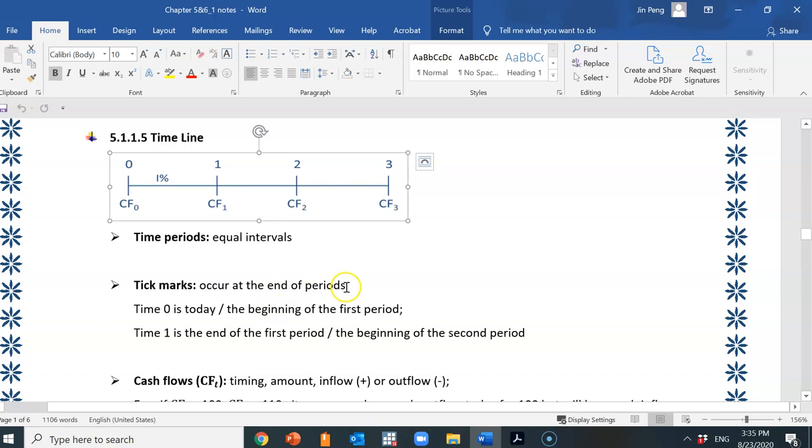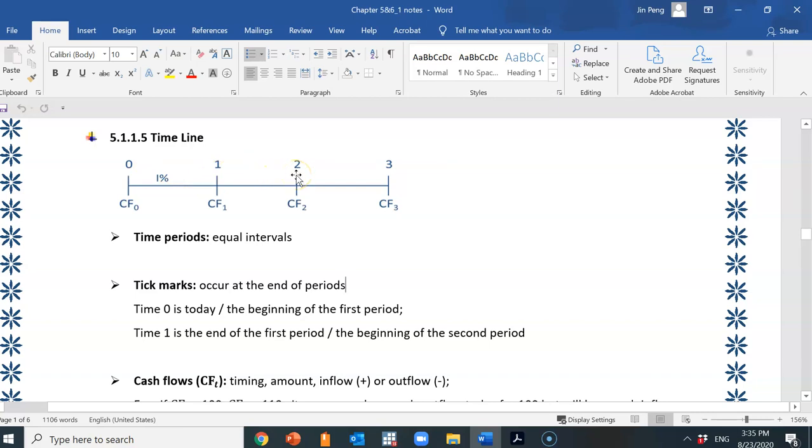We have tick marks that occur at the end of each period. We can see time 0, 1, 2, 3. Time 0 means today or the beginning of the first period. Time 1 means the end of each period.